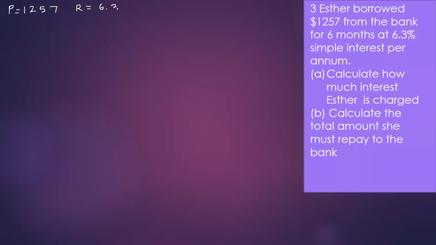For T, I put 0.5. Good. So for T, remember 6 months is half a year. So all you gotta do is do 6 divided by 12. It's gonna give you what? 0.5. Okay. And then you just multiply all of them as normal.